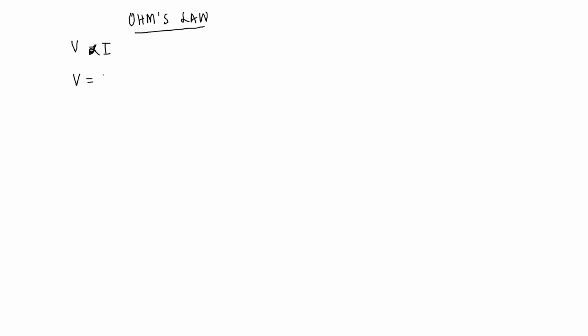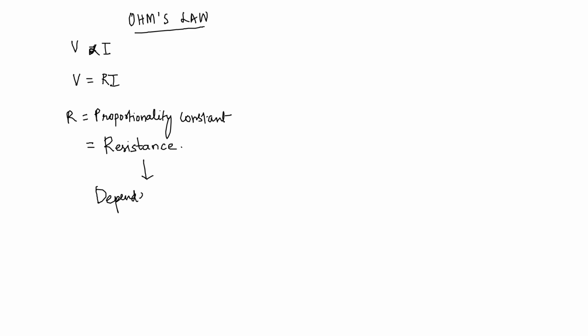When we remove the proportionality sign, we introduce the proportionality constant R. Now, this R is known as resistance. This resistance is dependent upon two things. First is the material of the conductor.